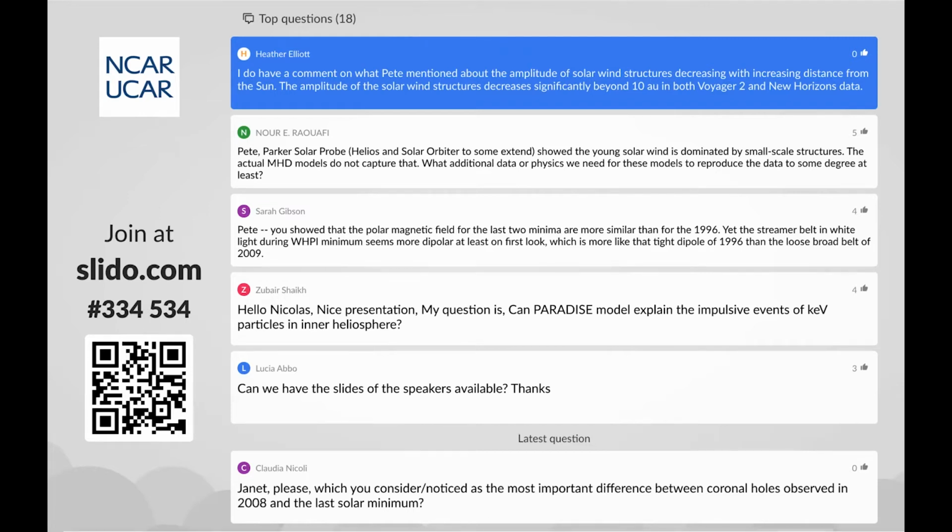If not, let's actually, Heather, if you can comment on this about how things change going out. Yeah, sure. Both the Voyager 2 solar wind observations and the New Horizons observation show significant decrease in the amplitude of the solar wind structures, like how variable the speed, the density, and temperature are.